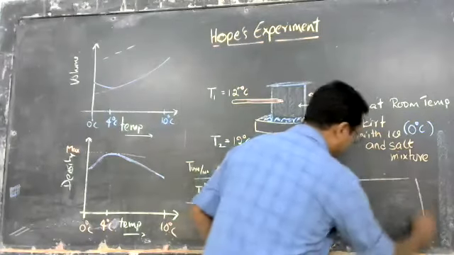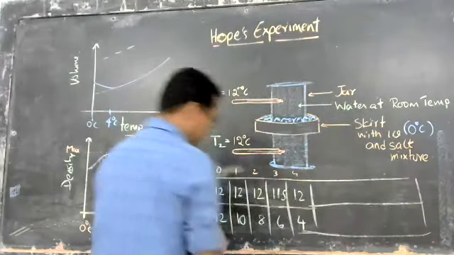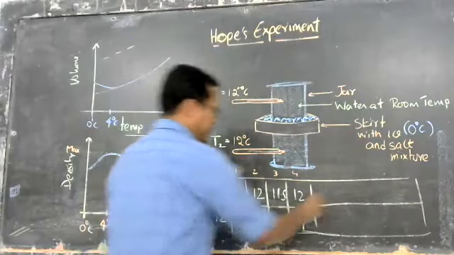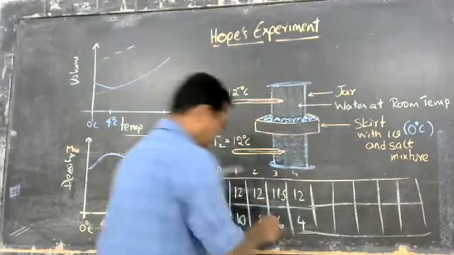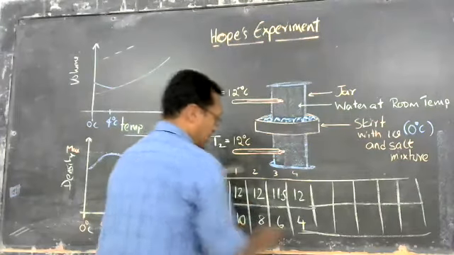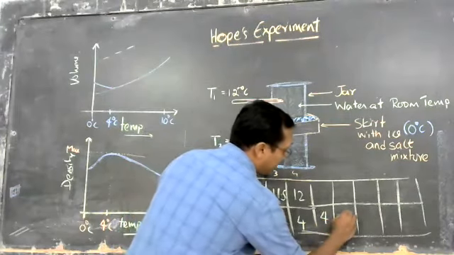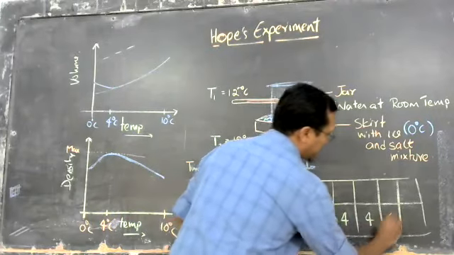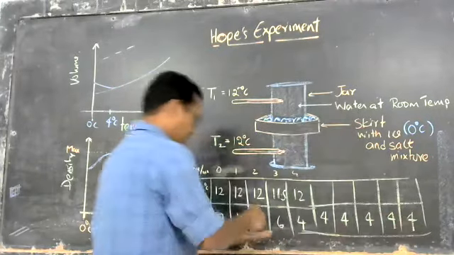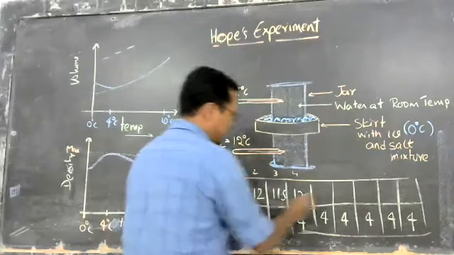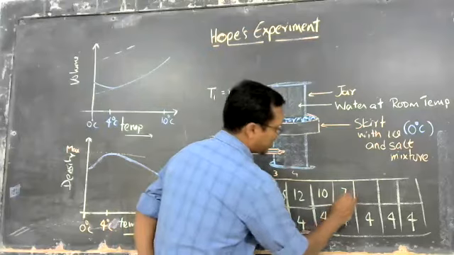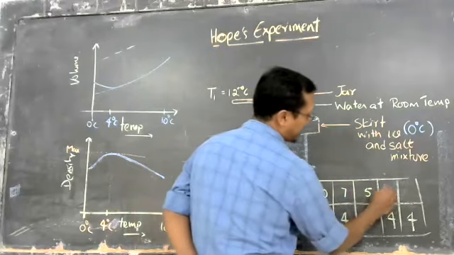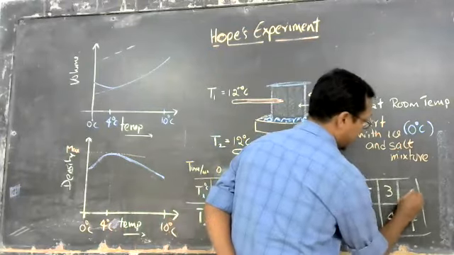And then what you are going to see is after this, this temperature will remain at 4. And this temperature will start to drop. 10, 7, 5, 3, 6.